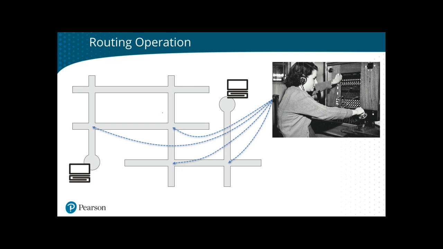Packets don't have drivers. So if you think of a routed network as a road network, and these are my links, but they're also roads, I'm considering them roads, and then these are my routers. I can't put a packet on the wire, and there's nobody in the packet who's going to look at the road signs and say, go here.